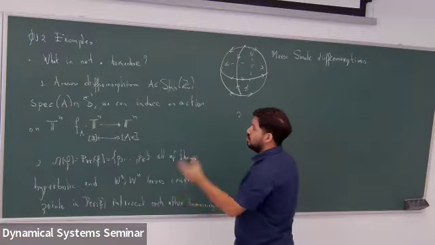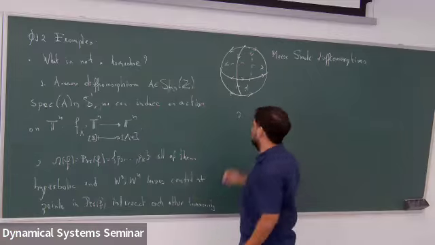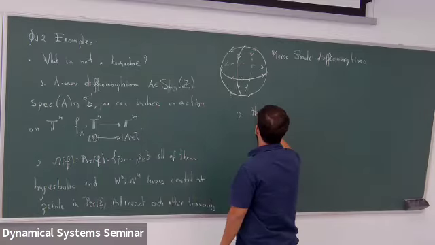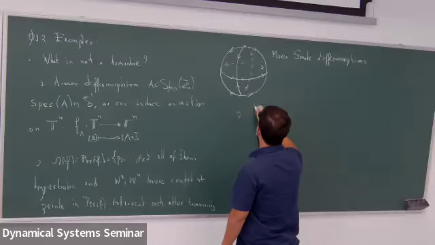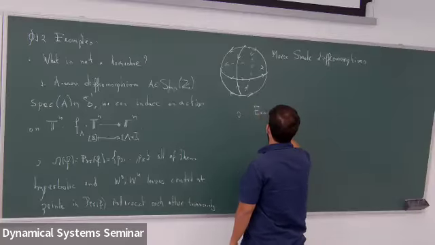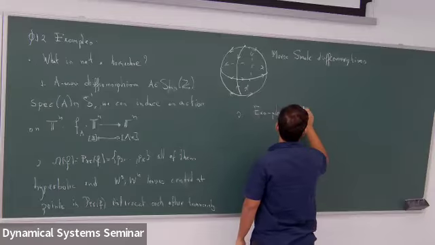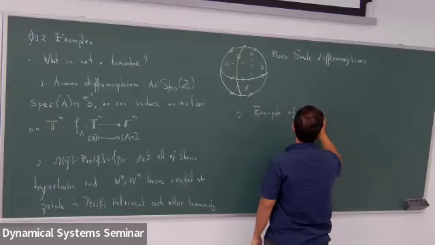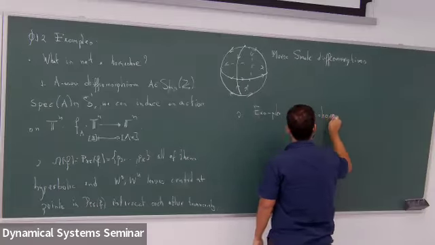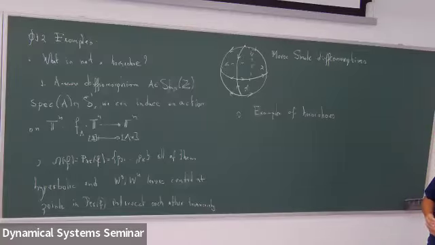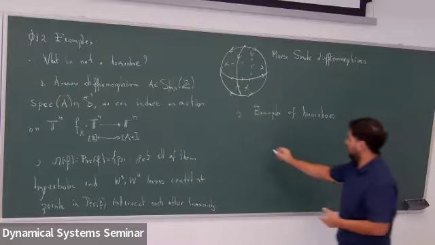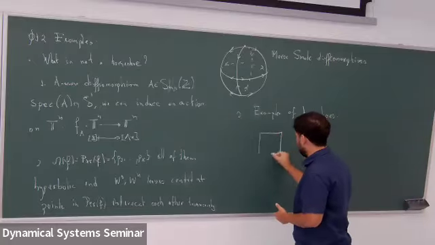So the second class, now let's discuss what a horseshoe is. The first one was introduced by Smale in the 60s, and it's quite simple. It's quite simple to picture it.